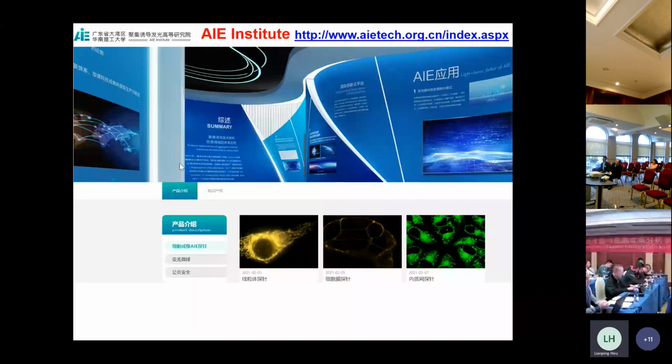What we do is quench the emission of the aggregate by structure design. For example, we can incorporate some electron accepting group or even electron donating group into the AIEgen to effect the so-called PET process, photo-induced electron transfer, and that will quench the emission in the solution state and also in the aggregation state.